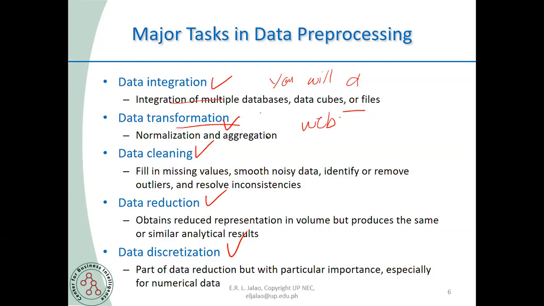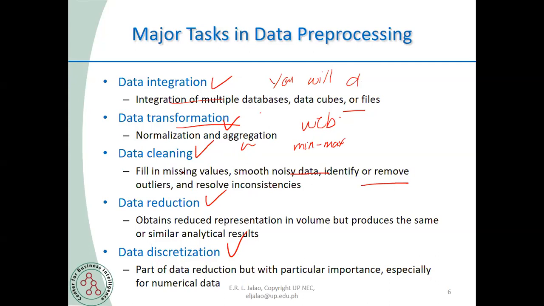We have also data transformation. In data transformation, we have to normalize our data by the use of min-max normalization and different computation techniques. And we have data cleaning. Data cleaning means we have to fill in missing values. Ano yung missing values na yon? Ano yung dapat na ilagay? Then smooth noisy data, identify or remove outliers.